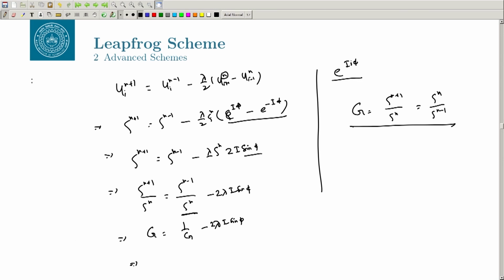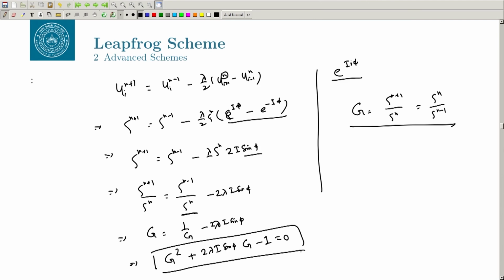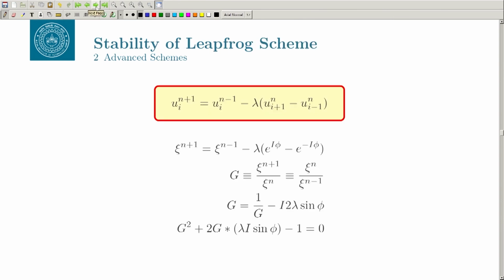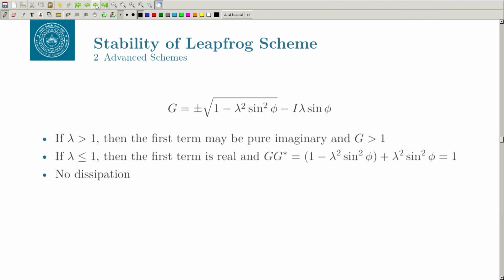So, this gives you a quadratic equation, G^2 + 2 lambda I sin phi G - 1 = 0, right. So, you get a quadratic equation. Let us try looking at the stability.